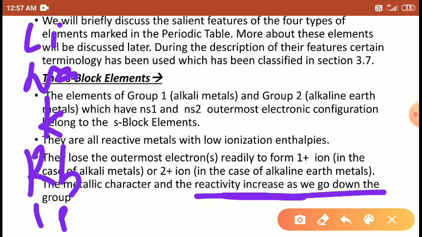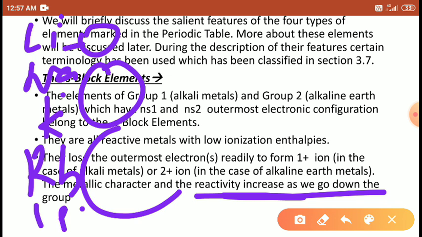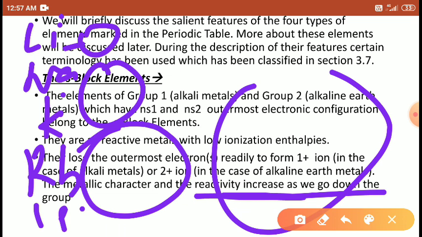When you go from lithium, sodium, potassium to rubidium, cesium, the reactivity increases. Why? Because when you move from top to bottom, the size of the elements increases. Lithium size, sodium size, potassium size, then rubidium size.